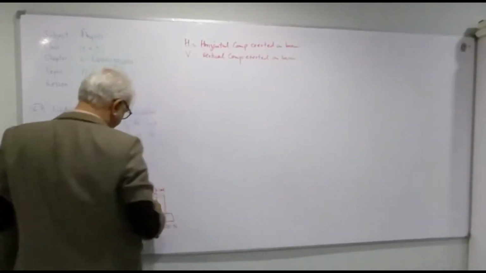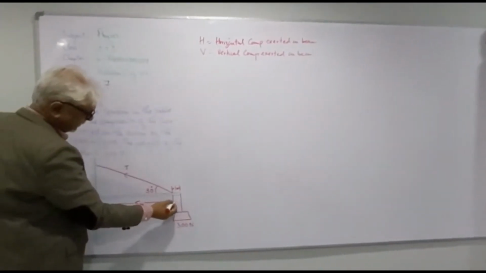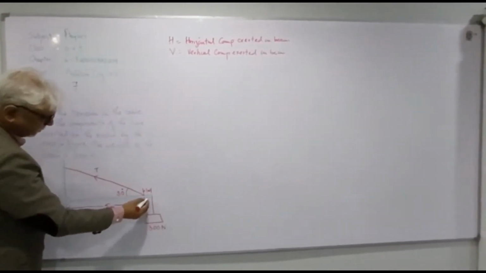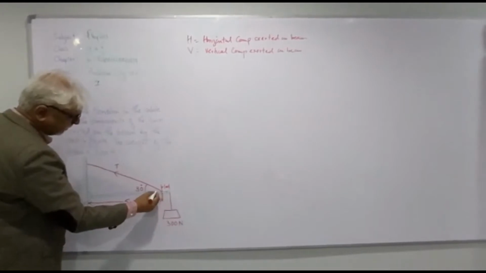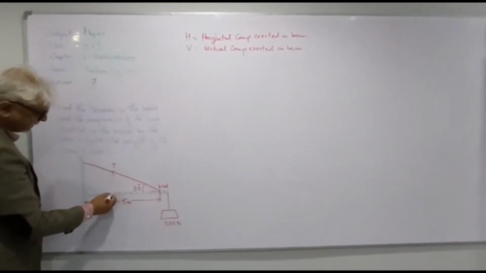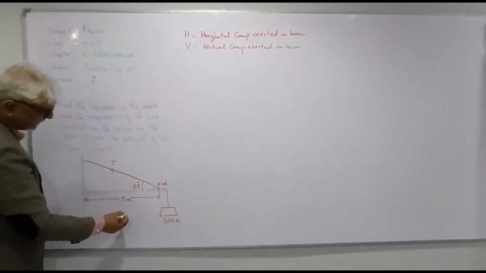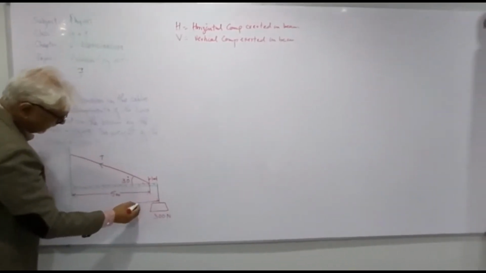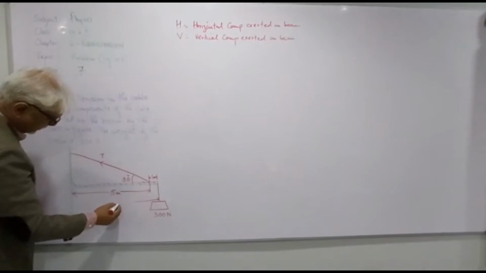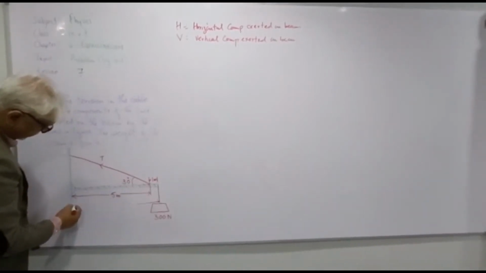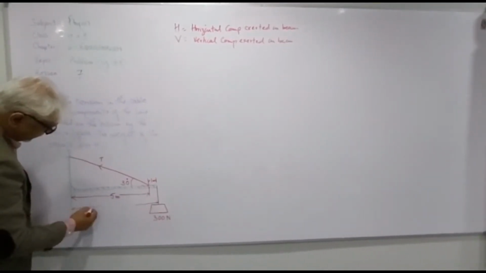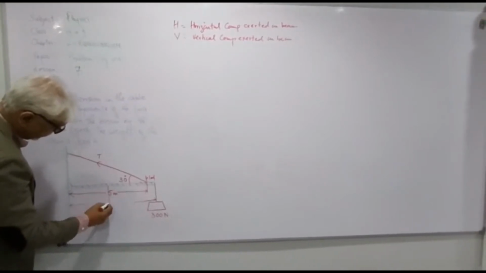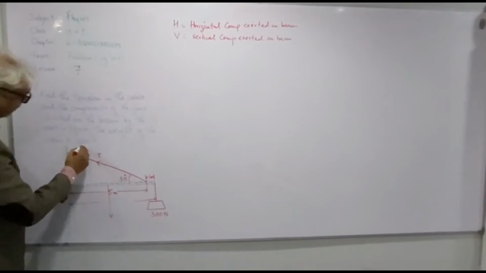So, let's say from here to here it is 5 meters and then it is extended over here 1 meter. So, that means a total of 6 meters. This is the beam, and the length of the beam is 6 meters. So, the weight will be exactly at the center, at 3 meters, and the weight of the beam is 300 newtons.